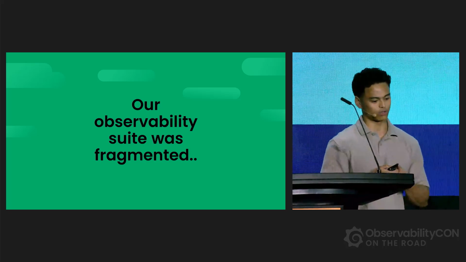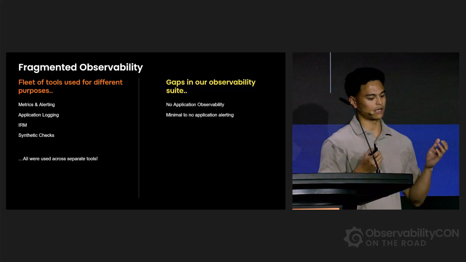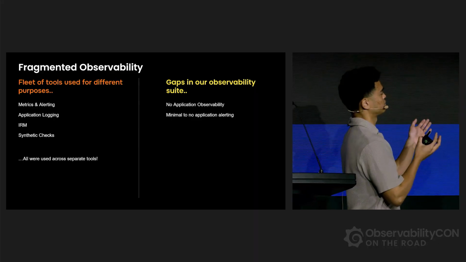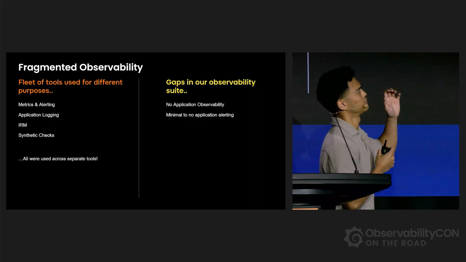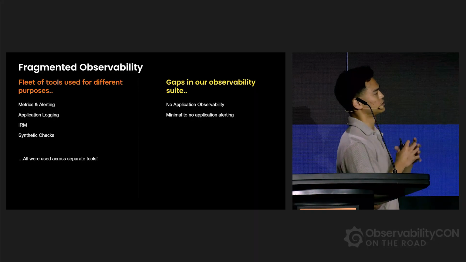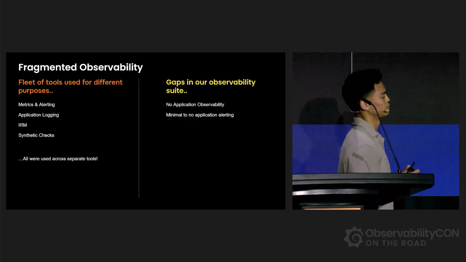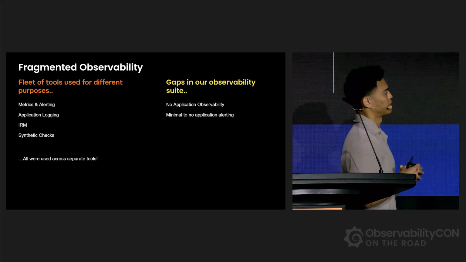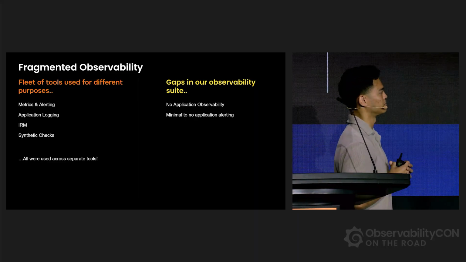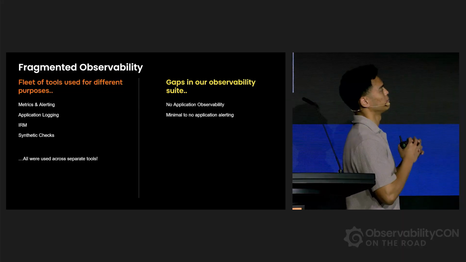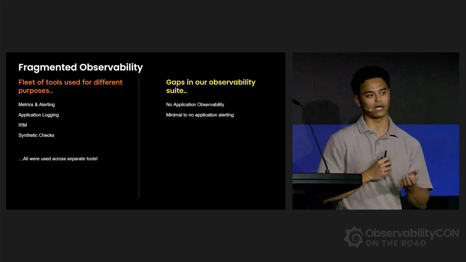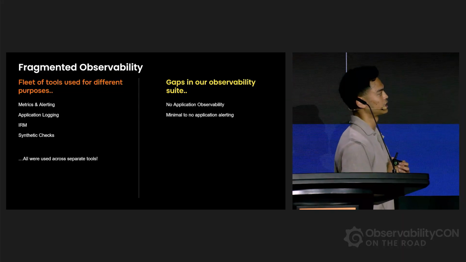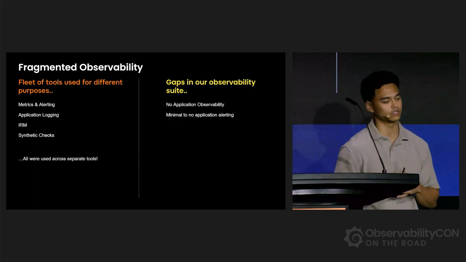It was very siloed. Our tooling was split: metrics and alerting was with one tool, then application logging, IRM, synthetic checks, and the major gap that we had was minimal to no application observability.